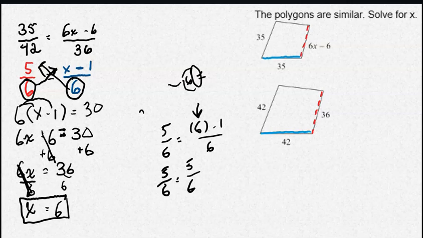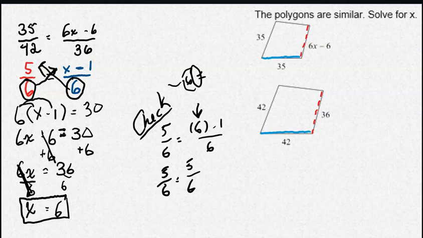So that's a check. I'm not a big advocate for checking, but in this case, I just want you to see, because it is so difficult to see, that equality has been maintained through the entire process. And we found the missing element so we can complete the proportion.